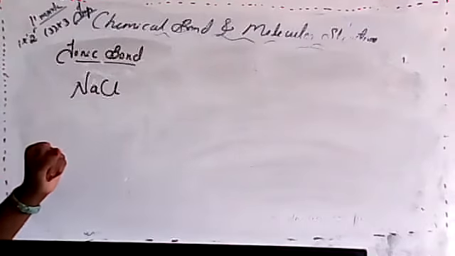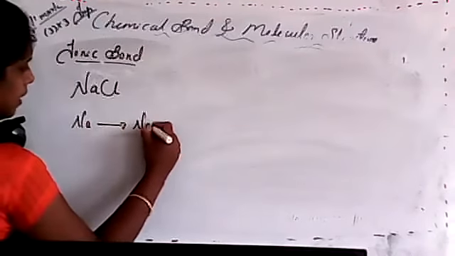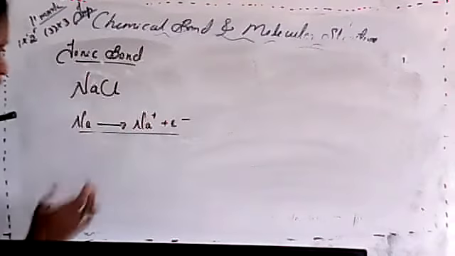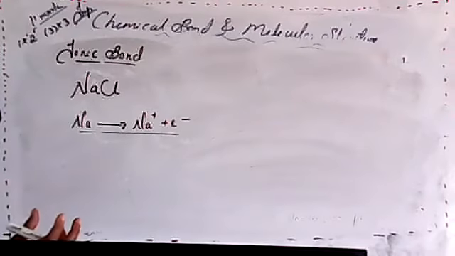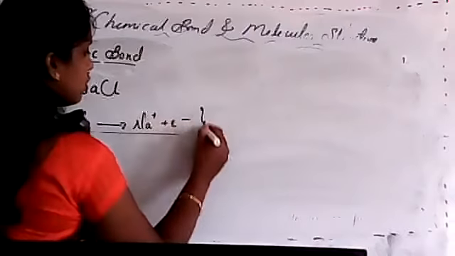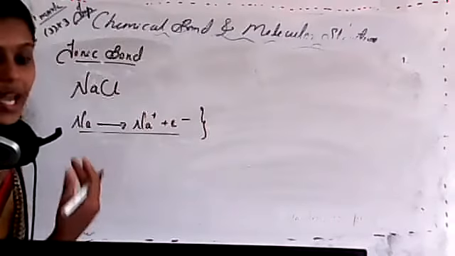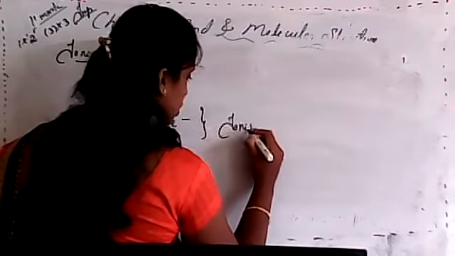But here, one thing, remember student. Na converts into Na plus by losing one electron. Do you know about this phenomenon? Loss of electron. So this is known as ionization.